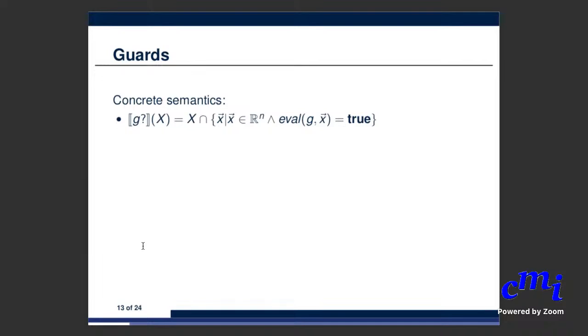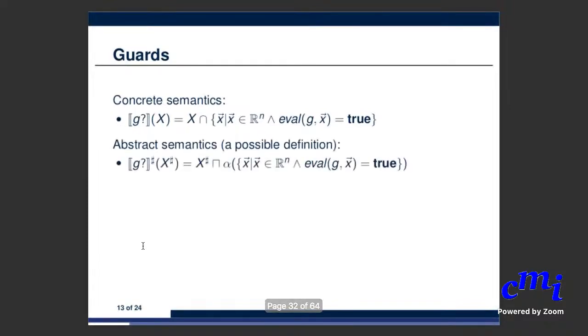After you evaluate this, it restricts to those values for which G? becomes true. That's how I'm going to define it.